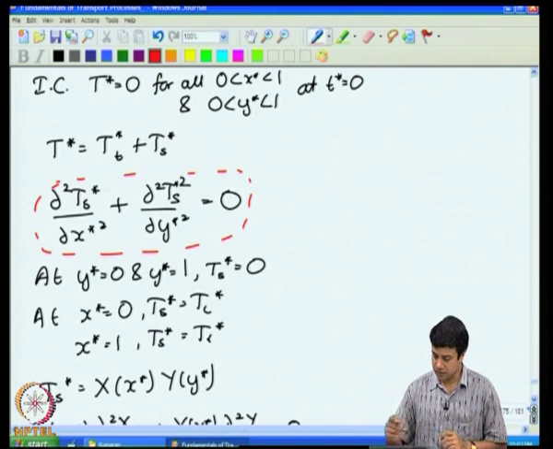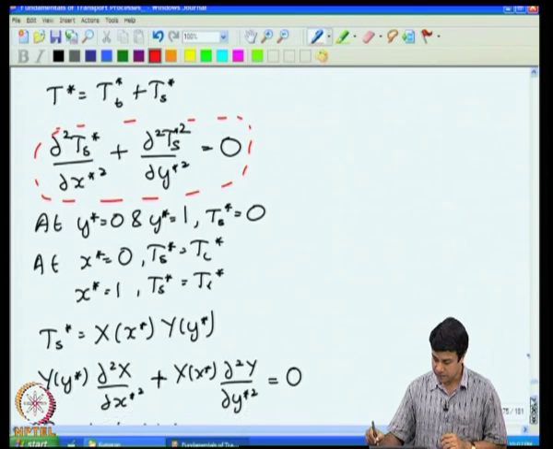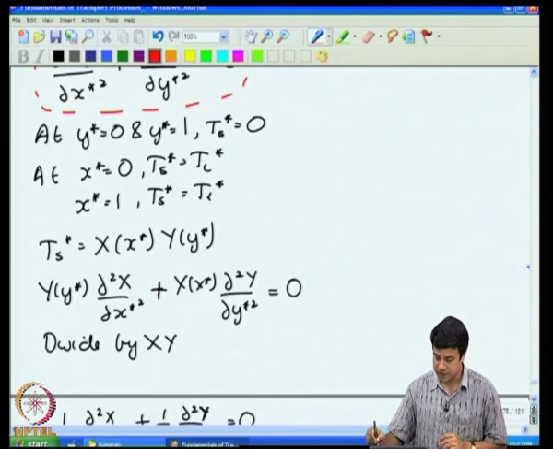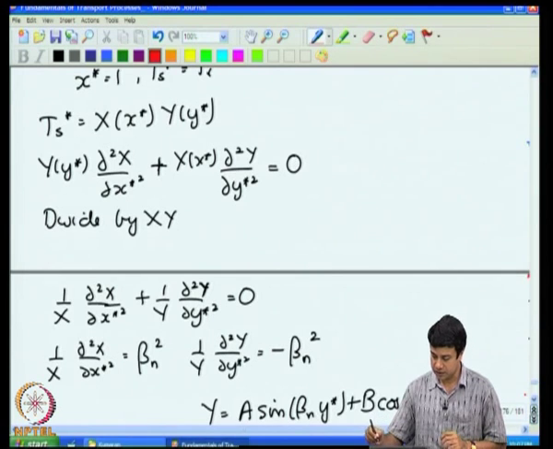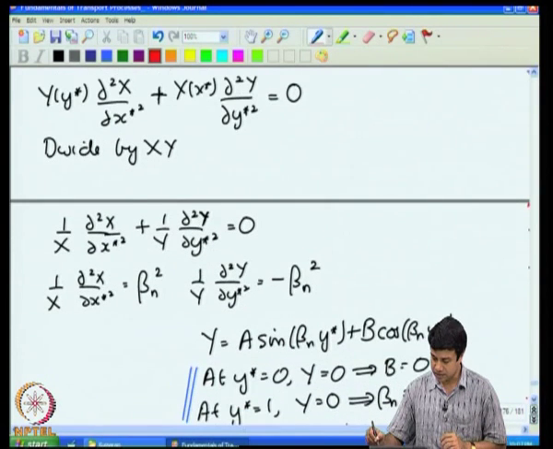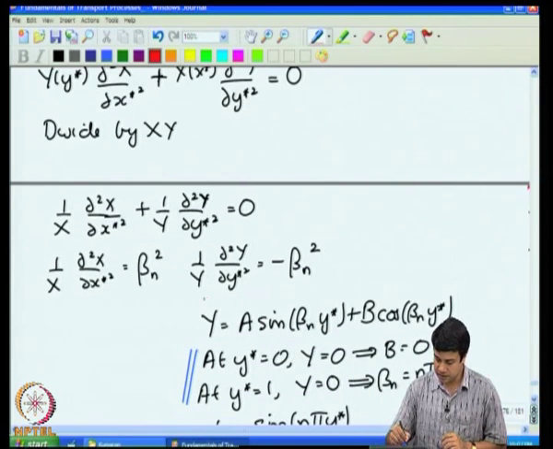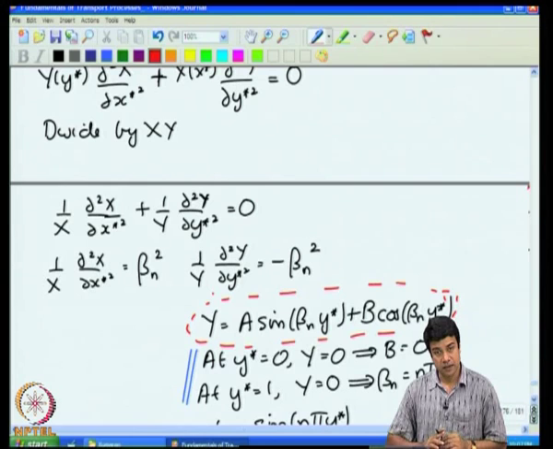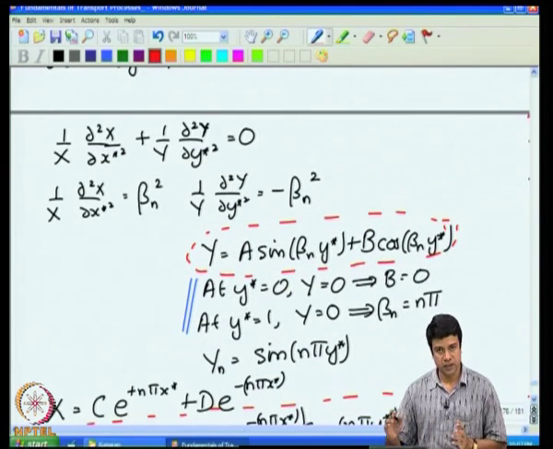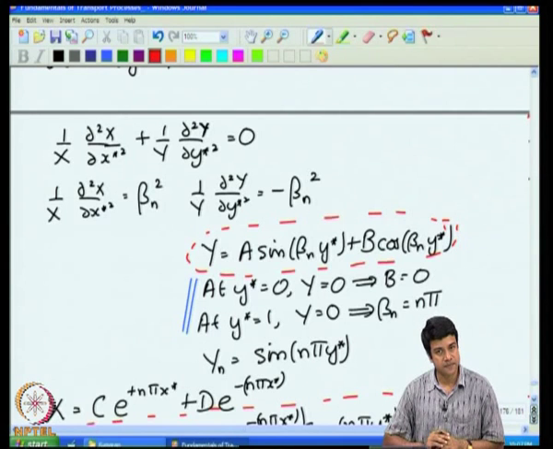Therefore, the solution will be of the form of sine functions, which are the basis functions for the second order derivative operator in the y direction. So, in the y direction, because the boundary conditions are homogeneous, I will get sine and cosine functions, where the eigenvalues beta n are determined from the condition that y has to be 0 on both surfaces.